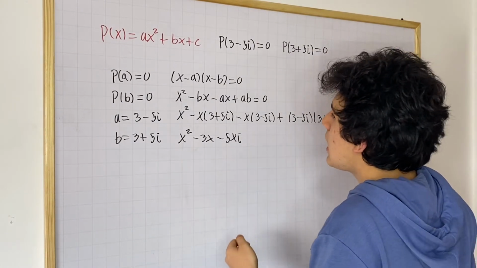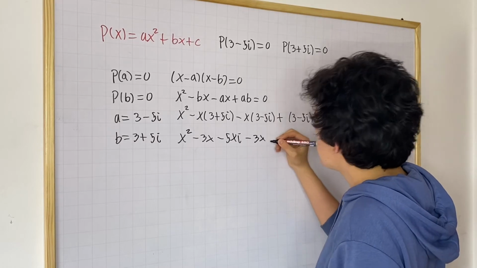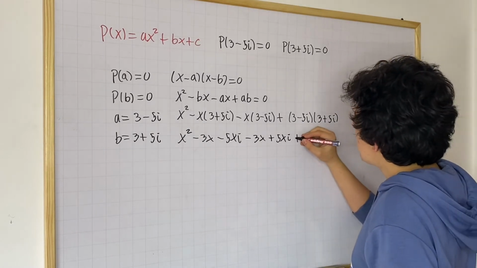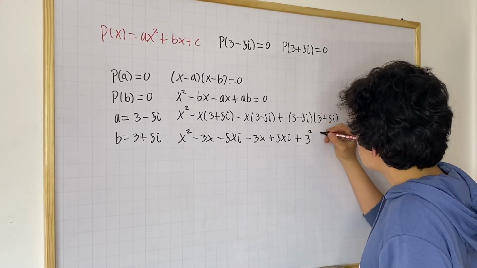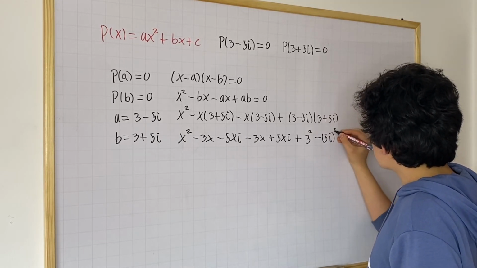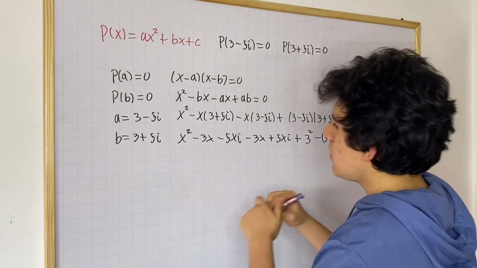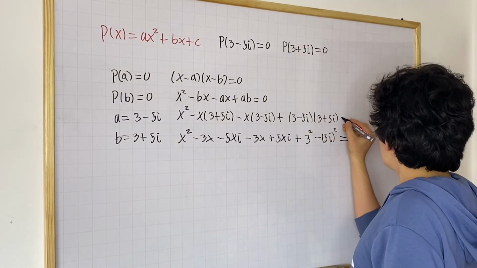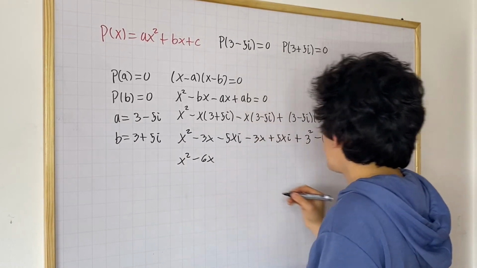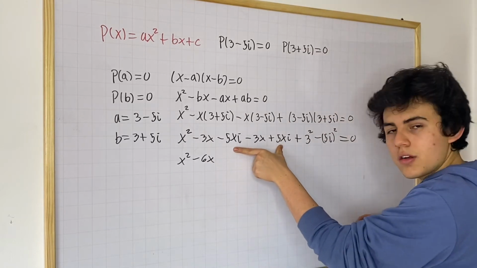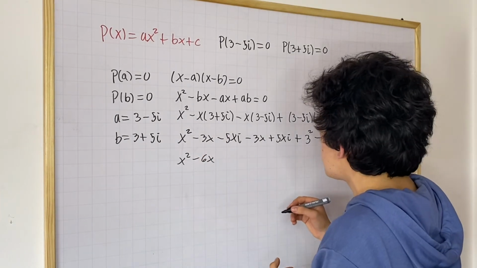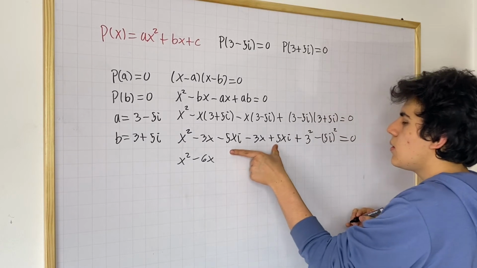So you have minus 5xi, and now you have minus 3x plus 5xi plus, so we can grab that and we're just going to have 3 squared minus 5i squared. This is what we get. And now from this you can get this is equal to 0. You get x squared minus 6x. Now these two, you can see the imaginary parts, they're going to cancel out. That is one way that you can see that your process is actually working. So we get no imaginary part.